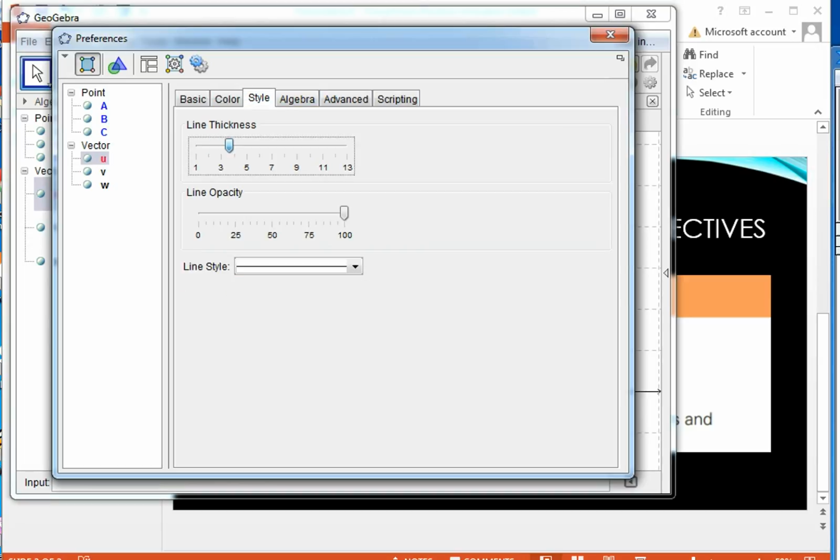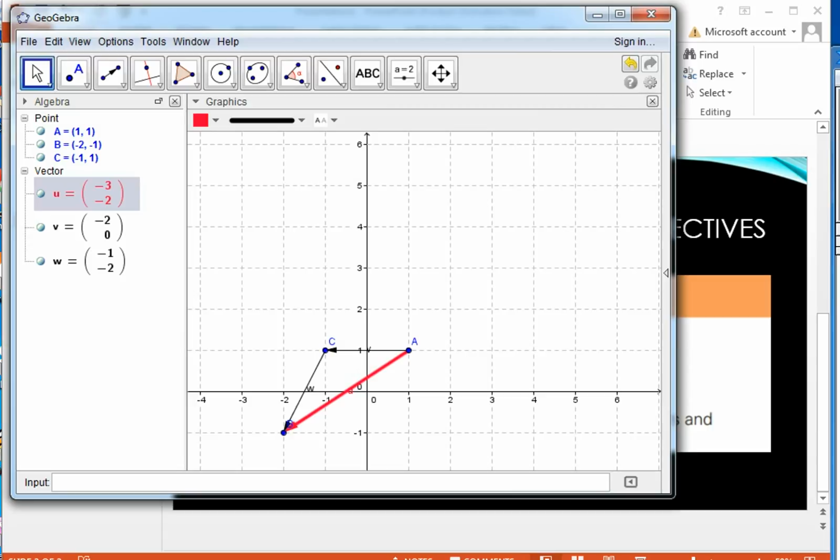You can actually use GeoGebra to revise for your examination, to be able to visualize the questions clearly. The red one now is the vector (-3, -2). It means 3 units going to the left, so this AC will be -3 going to the left, and then 2 units going down.